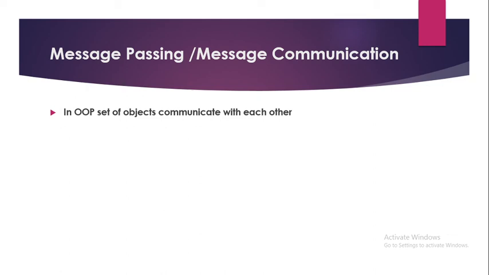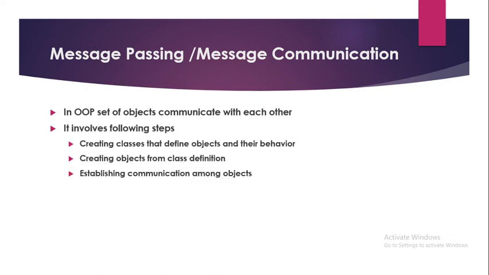So in OOP, a set of objects communicate with each other, and this involves the following steps. We want communication between different objects, and definitely for that these steps are required. The first step is creating classes that define objects and their behavior.